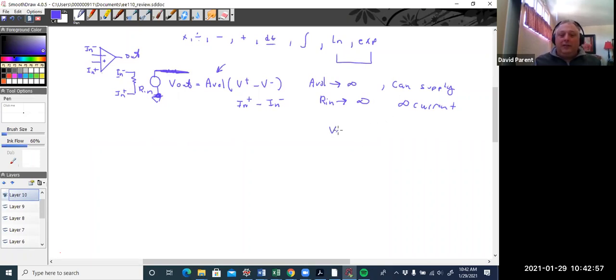Also, something ideal is that V out can be anything. However, in a real op amp, let's say with minus 5 volts and plus 5 volts supplies, the signal can't go above that. It's limited.